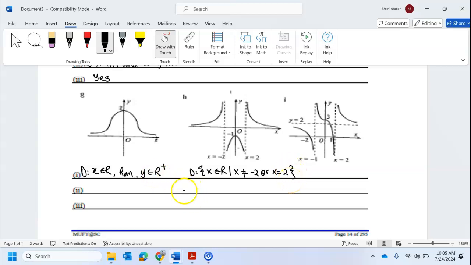Okay, I'll use down here for the range. Range, your Y would be subset of real such that your Y is less or equivalent to -1 or Y greater than 0.